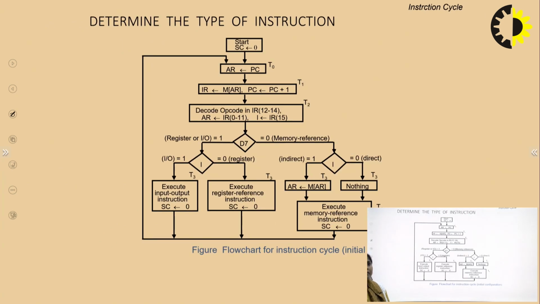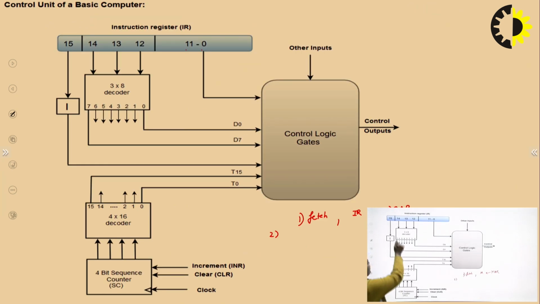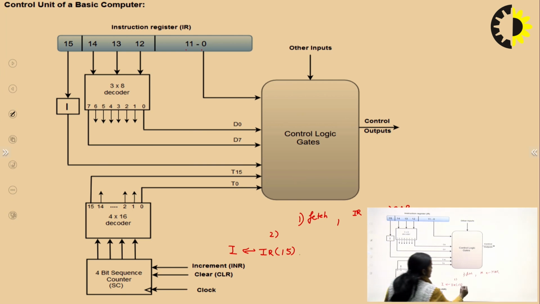This last line you can see easily in this particular diagram. In the IR of 15, IR 15 is what? IR 15 is represented as an I opcode. So, you can see IR 15 is an I opcode, simple. Next, you can see IR of 12 to 14.